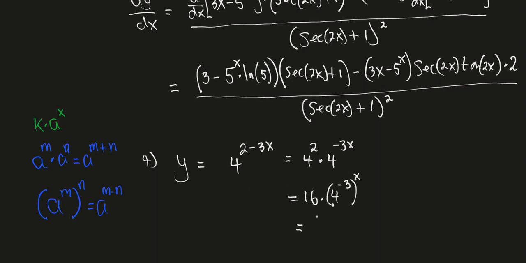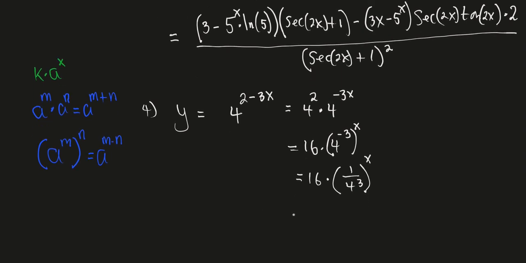And now, 4 to the negative 3 power, that is 1 over 4 to the positive 3 power all to the power x. And then one more step, and we get it, right? So it's 16 times, now 4 to the third power is 64, so this is 1 over 64 to the power x.